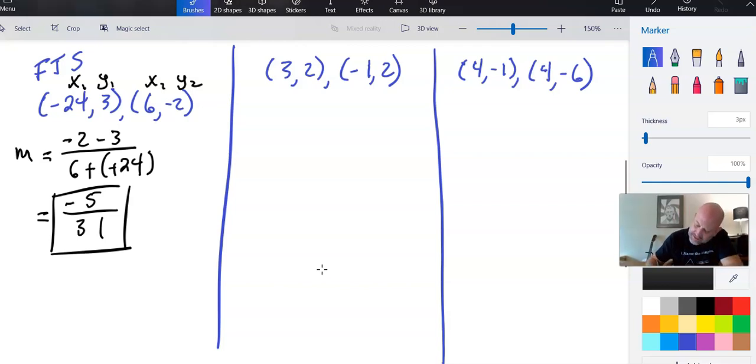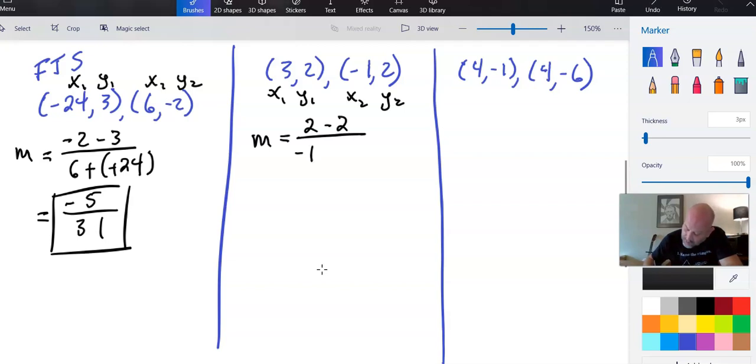Okay, so let's look at the next one here. We've got x1, y1, x2, y2. So m would be 2 minus 2 over negative 1 minus 3. Now, 2 minus 2 is 0.